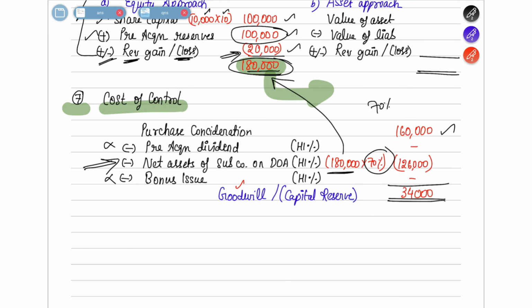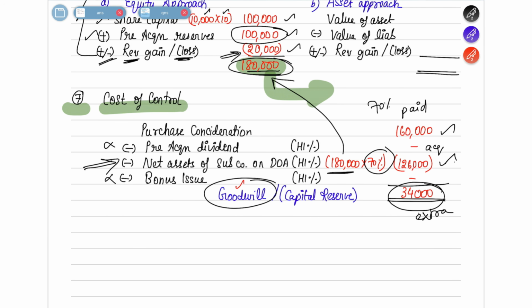So 1,26,000 worth net assets are yours now, yours meaning the holding company's. So you paid 1,60,000 and acquired net assets worth only 1,26,000, meaning the remaining 34,000 you have paid extra. If you have paid extra, it is going to be your goodwill. Okay.